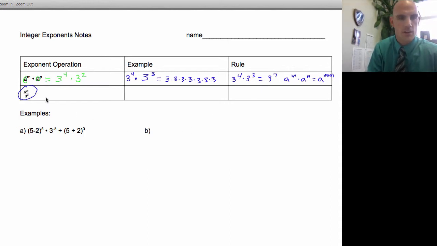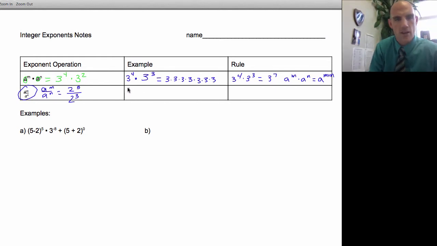This one's a little bit trickier to see, but it's a to the m over a to the n, and that would look something like 2 to the 5th power over 2 to the 3rd power. Again, same base, different exponents.